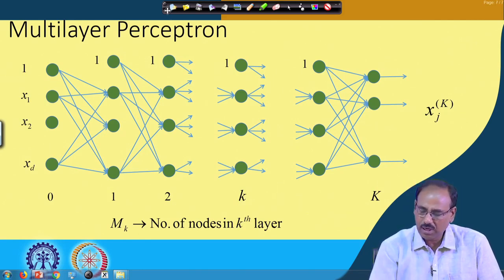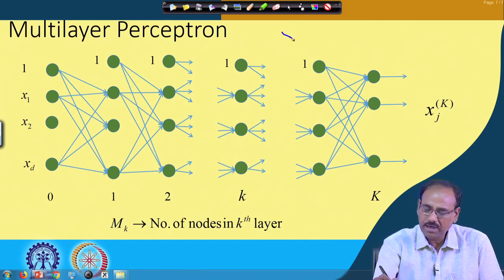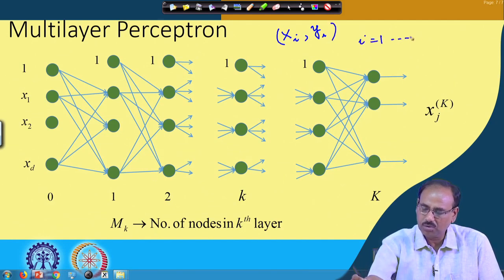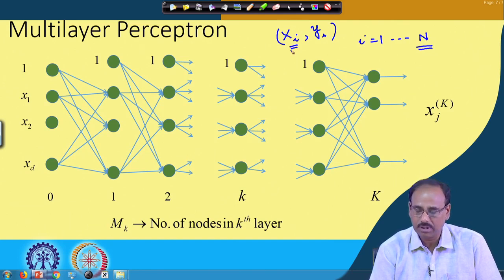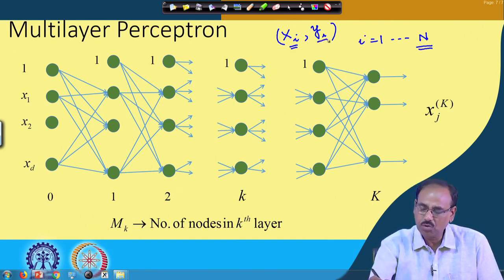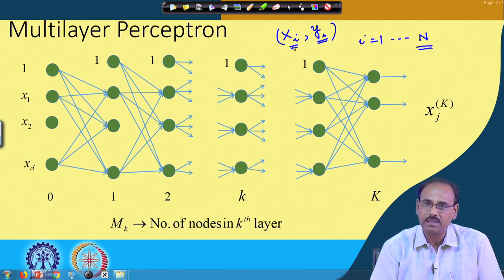In this network, as we are feeding the input, for training, the training data is fed in the form of (x_i, y_i) as a doublet for i equal to 1 to n, where n is the number of training samples given for training this neural network. For every training sample x_i, as it is labeled because it is used for training, I know to which class this sample x_i belongs.